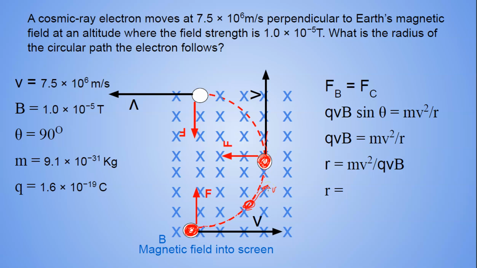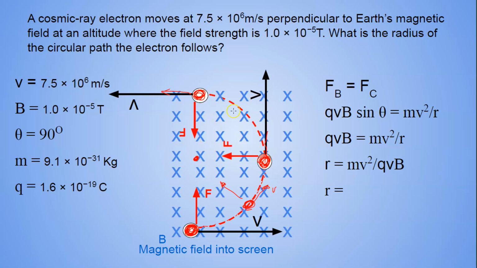I point my fingers that way, curl into the board, and I would get the force going like that. Okay? That diverts its path, comes on around here. At this moment, my velocity is to the left, so I point my fingers to the left. I curl my fingers into the board and my thumb points down. All of these point right there at the center of this arc that it's making.